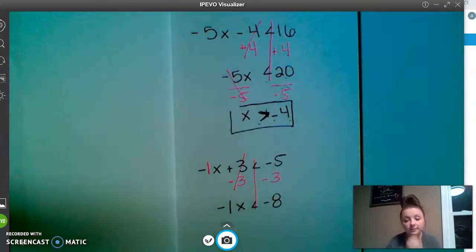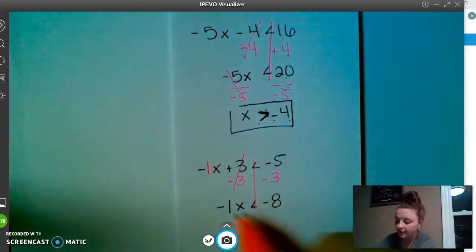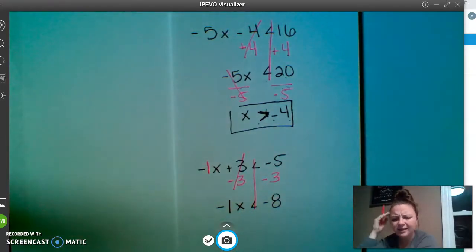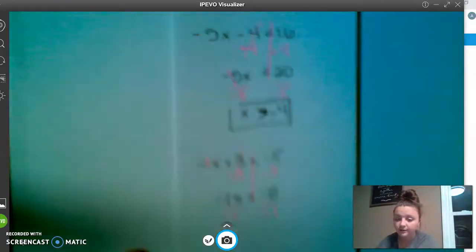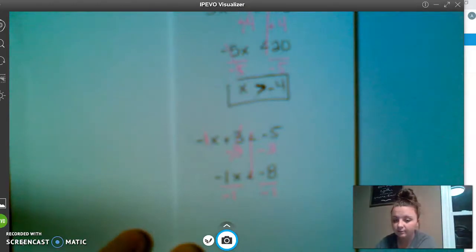I know I subtracted 3 on both sides, but remember, it's either multiply or divide by a negative that makes you flip your sign. Well, negative 1x. How do I get x by itself? Oh yeah, I'm going to divide by negative 1 to undo the multiplication. So I divide by negative 1 on both sides.